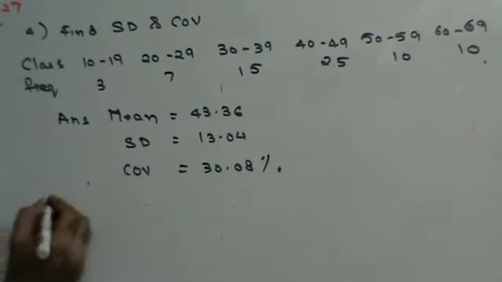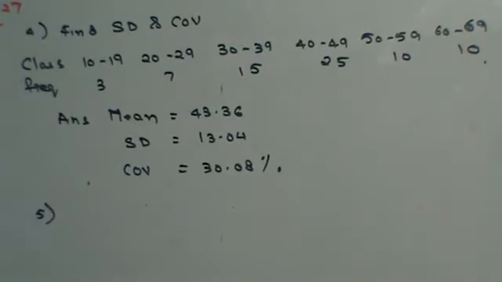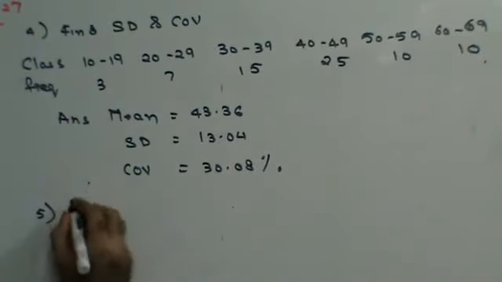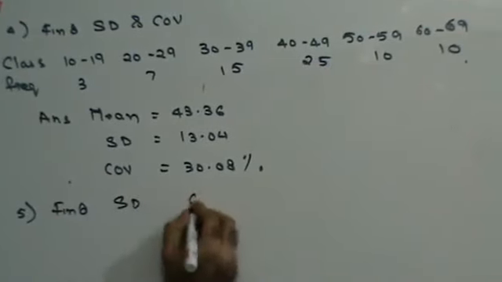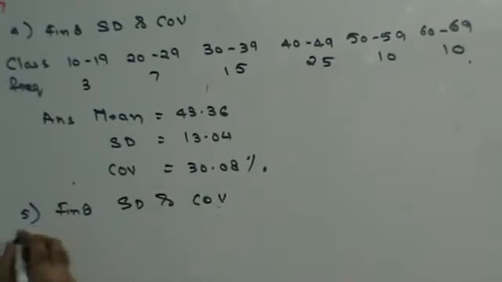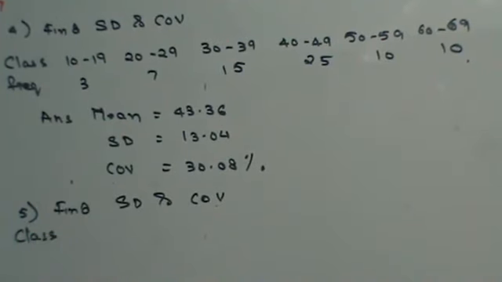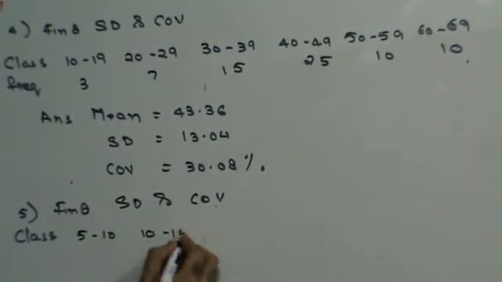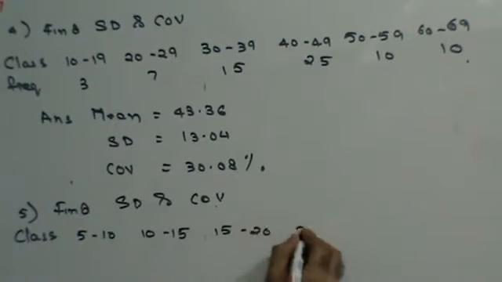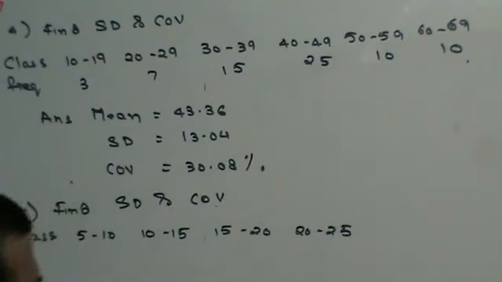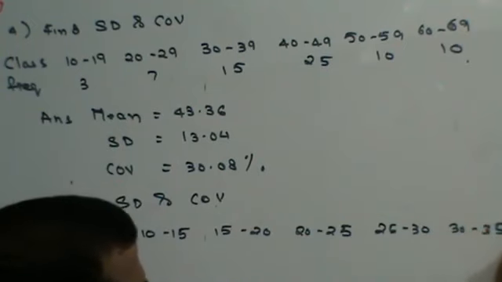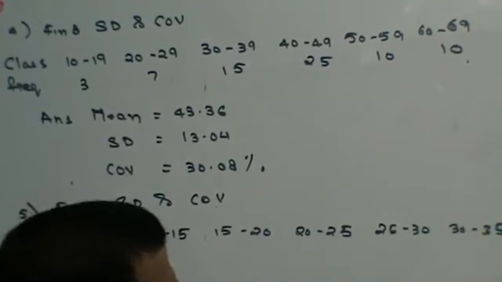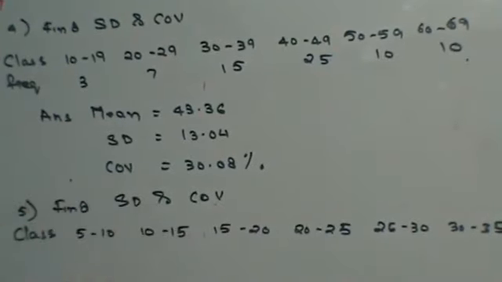Right? Another sum of the same kind. Find standard deviation and coefficient of variation. Class is given to you as 5 to 10, 10 to 15, 15 to 20, 20 to 25, 25 to 30, 30 to 35, 35 to 40, 40 to 45. Right?